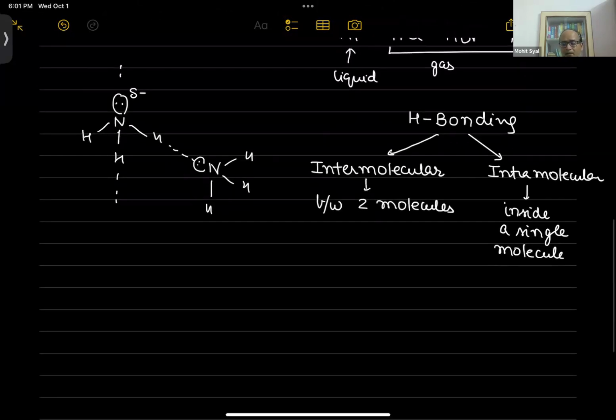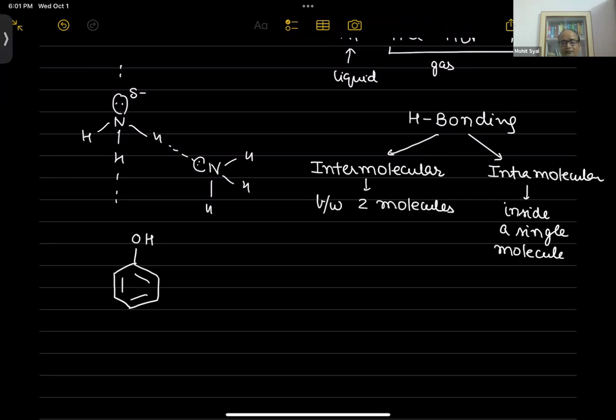The best example is phenol. Have you heard of it? Yeah. Okay, benzene with the OH. This is used as a household disinfectant, to clean.